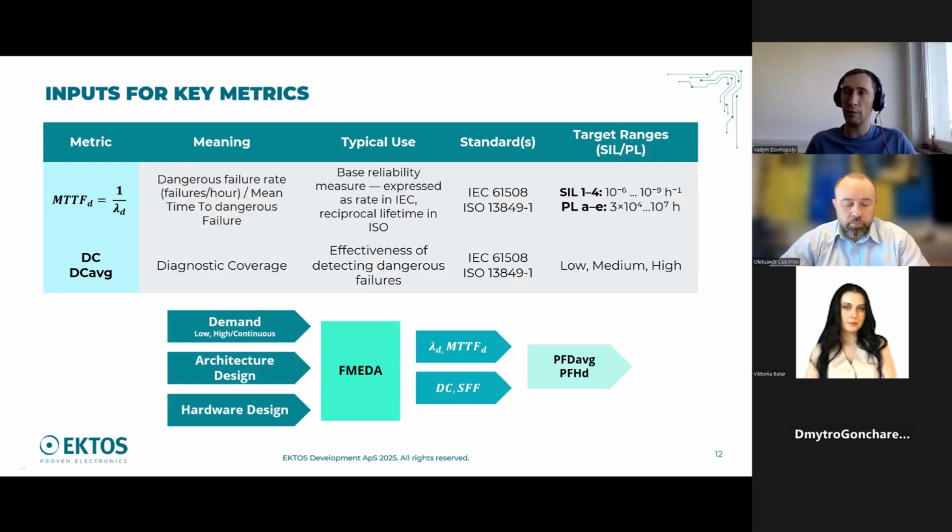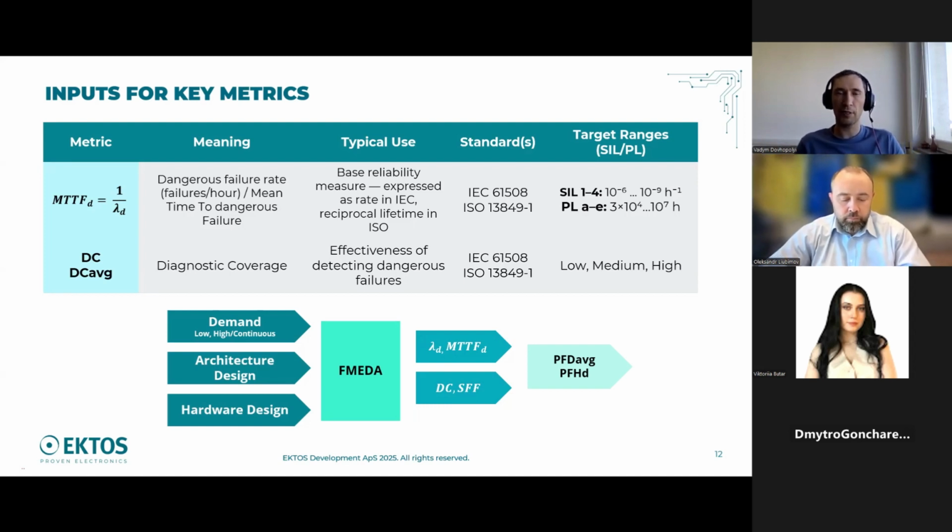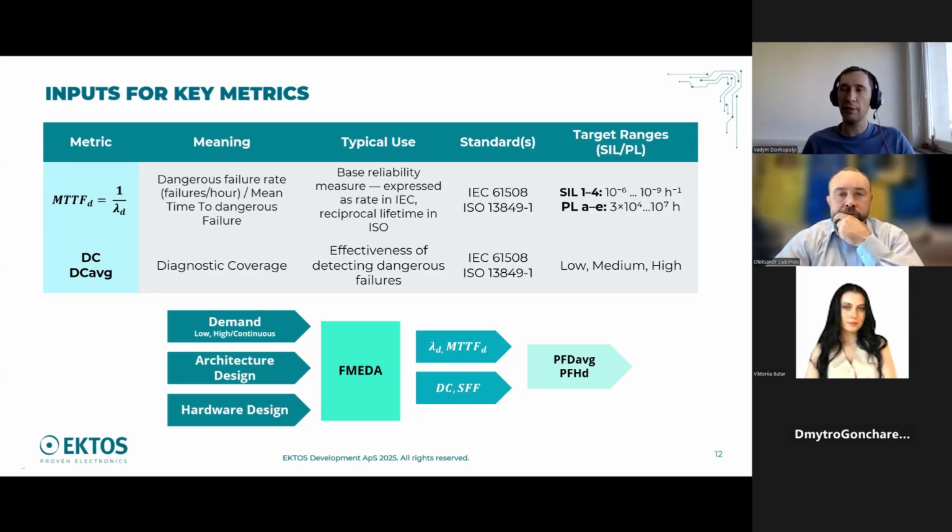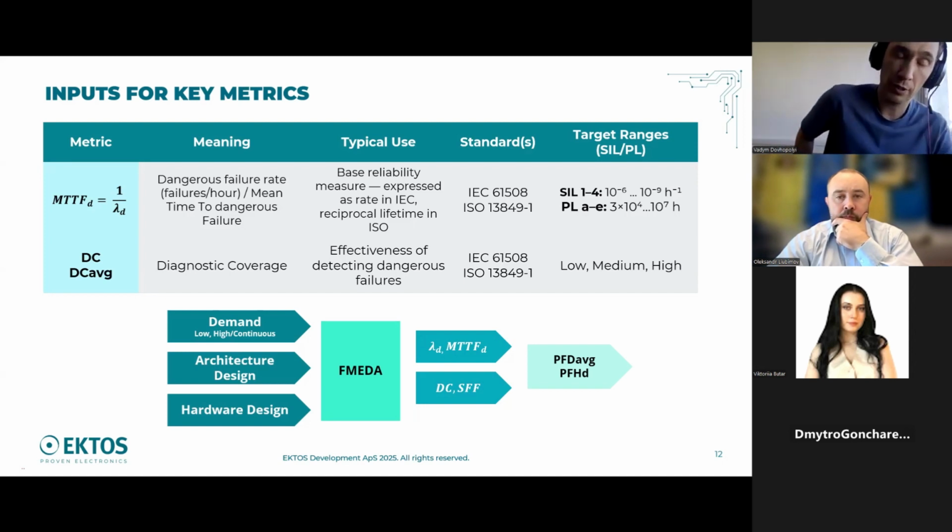And to get these values or metrics, we go into our architecture design, where diagnostics are described and failure mode and effects analysis is performed, and we understand how we mitigate detected faults. Taking our hardware design, component by component, resistor by resistor, capacitor by capacitor, and simulating their faults, we calculate lambda or MTBF, and also define how big a fraction of safe failures we have in our design.